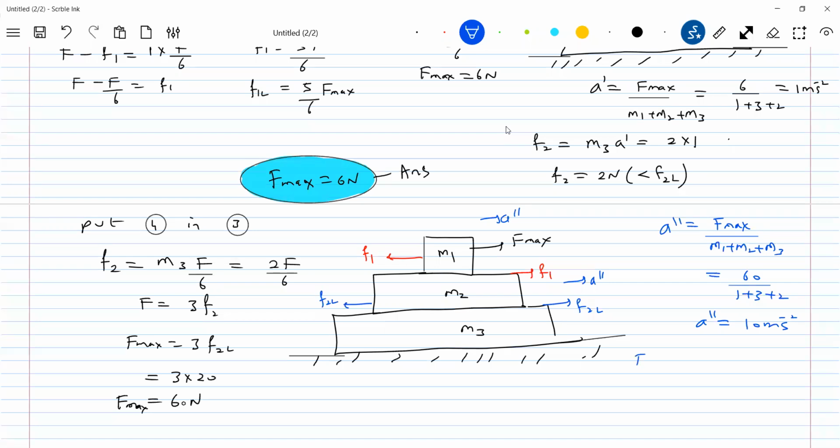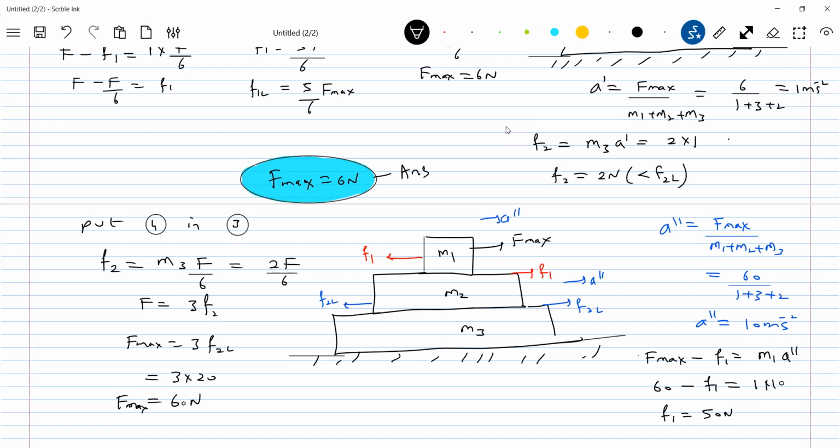Then F max minus F1 equal to M A double dash. What is the F max value? 60 Newton. F1 I don't know. M1 is how much? 1 kg. So F1 equal to 50 Newton I'm getting.